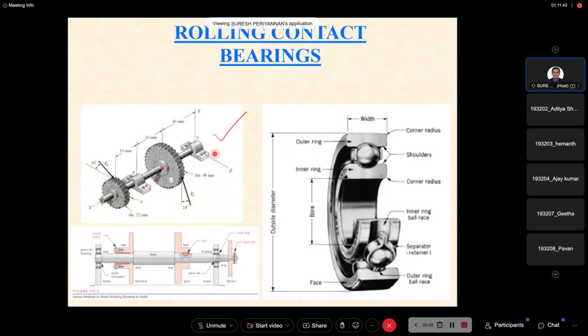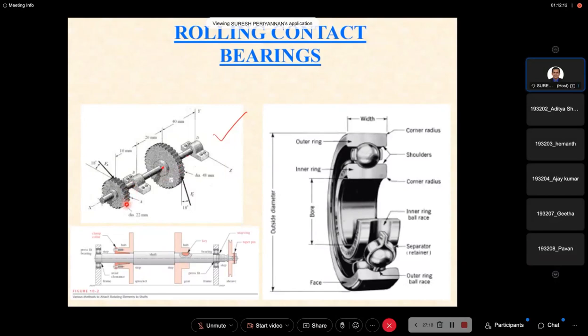Now see here, we are discussing the rolling contact bearing. Now the bearing acts as a support, and it allows free rotation of the shaft component while transmitting power. Maybe this gear is connected to a motor, and this gear may be connected to some other mechanism.